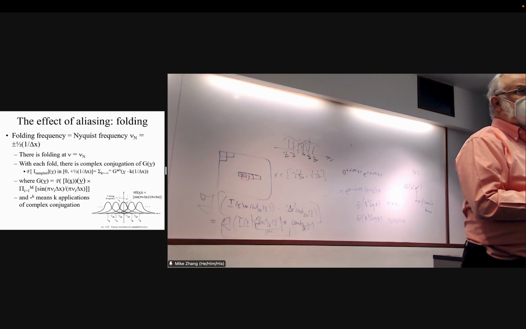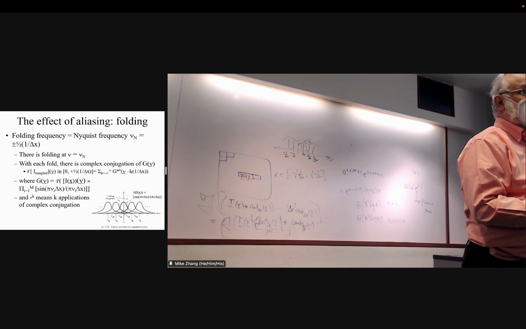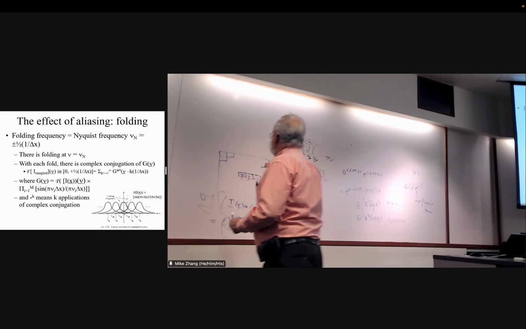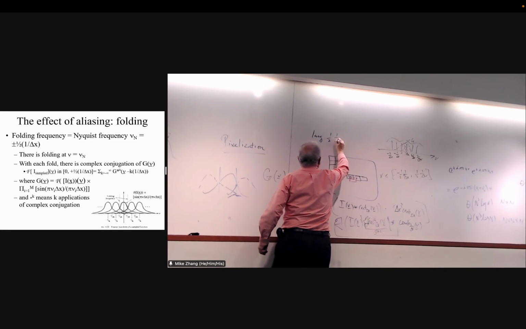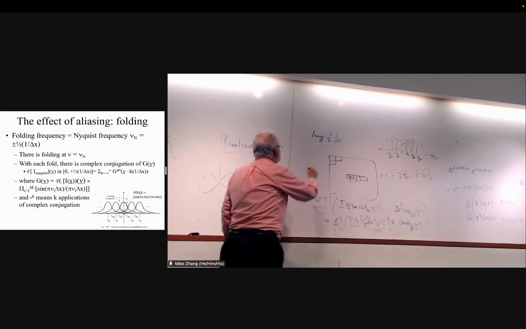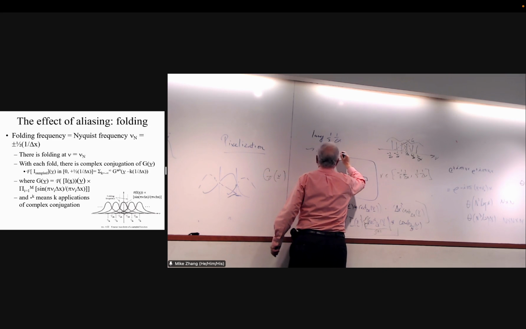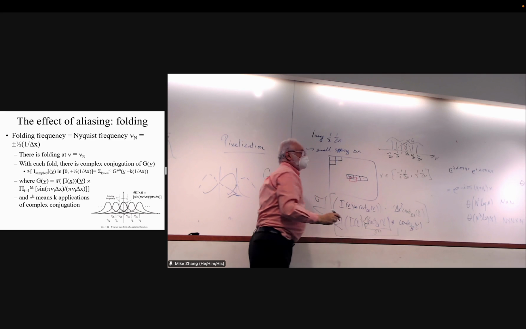Okay, but I remind you that our objective here is to choose a good delta x, right? And so if you want a large folding frequency, that corresponds to a small pixel spacing, delta x.